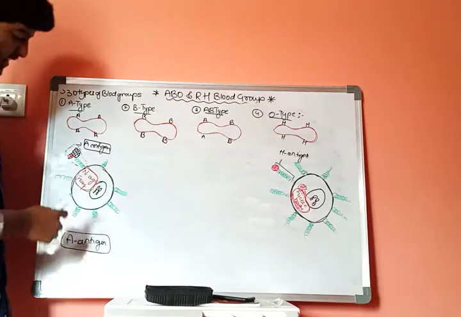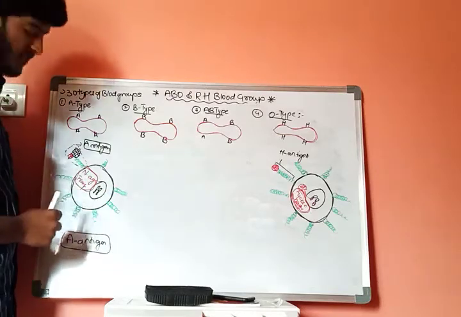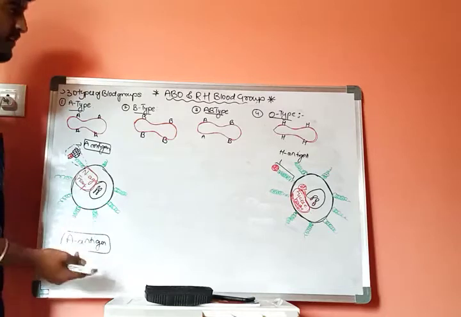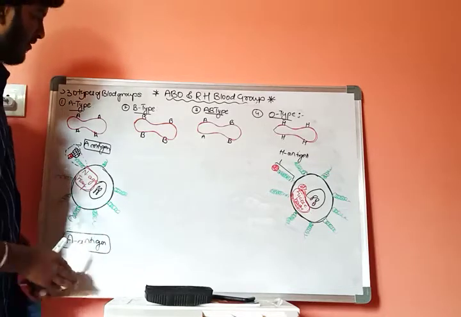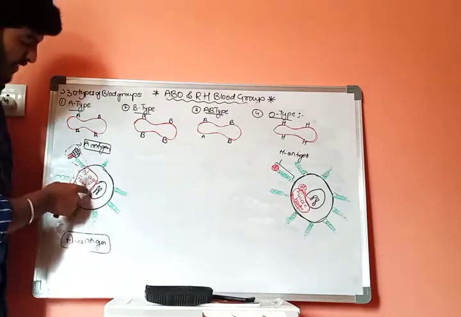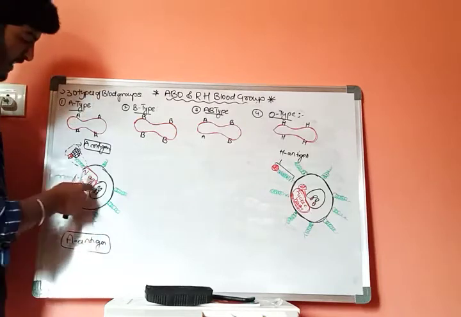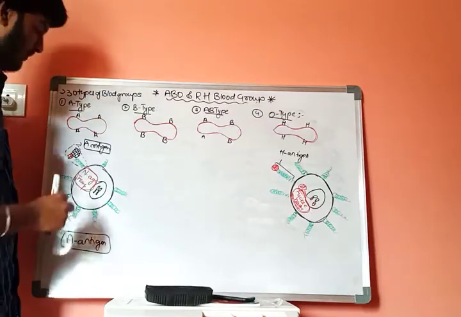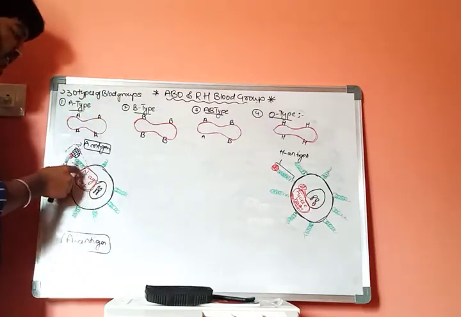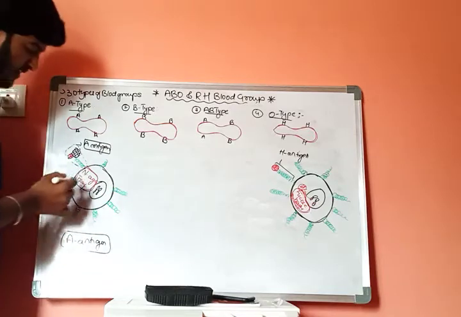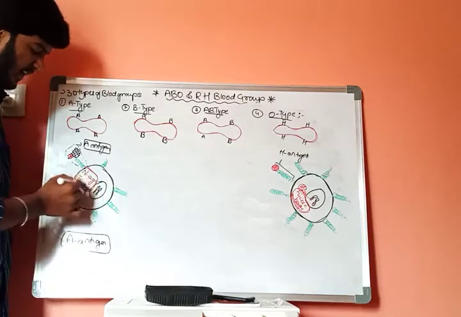Let us discuss once again. This is a predominant cell, that is erythroblast. Erythroblast contains a nucleus, whereas matured RBC does not contain a nucleus. Here, the ninth pair of chromosome contains a special type of protein, which contains a special enzyme, that is N-acetyl galactosamine transferase.